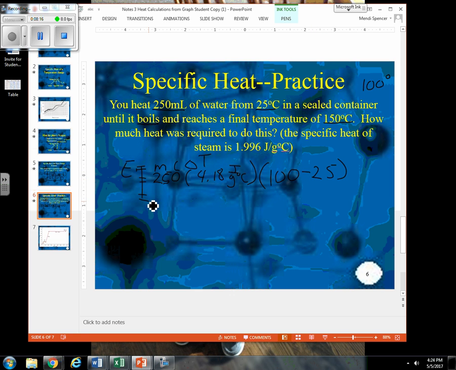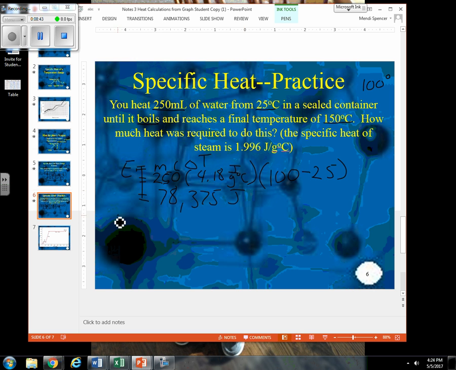So when you multiply all of this into your calculator, for this first portion of raising the temperature of water, we had to use 78,375 joules of energy.